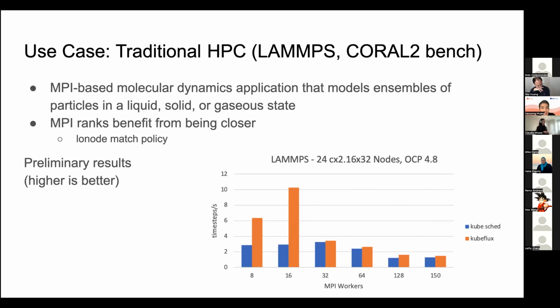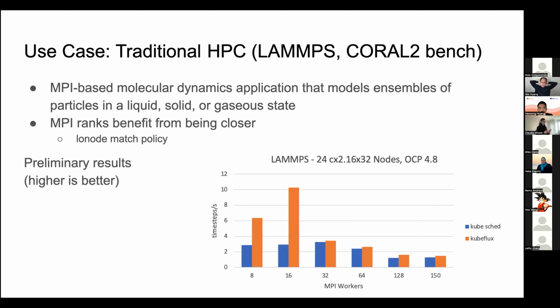And so we are doing some performance evaluation of how those workloads work on Kubernetes. So this is very preliminary, so more optimizations can be done, and also we have to learn more about the benchmark itself, LAMMPS, to be able to make it run better.